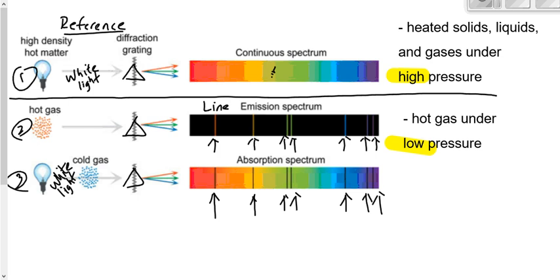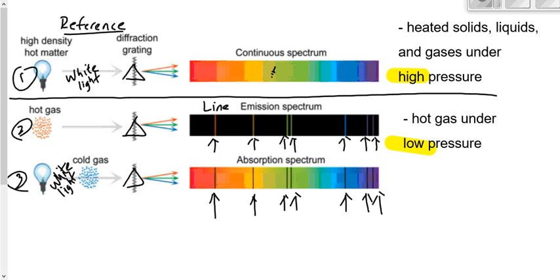This hot gas is emitting certain frequencies of EMR. This cold gas is absorbing the same frequencies, right? What does that tell you about this hot gas versus this cold gas? It's the same gas. This is like a fingerprint.